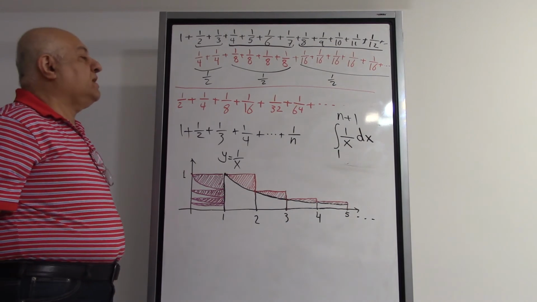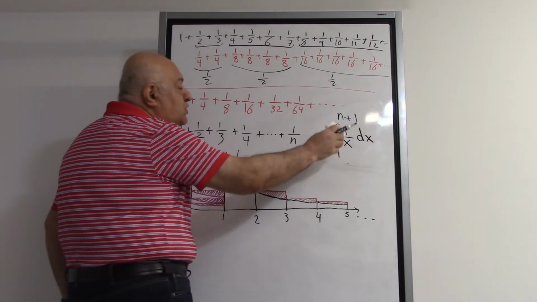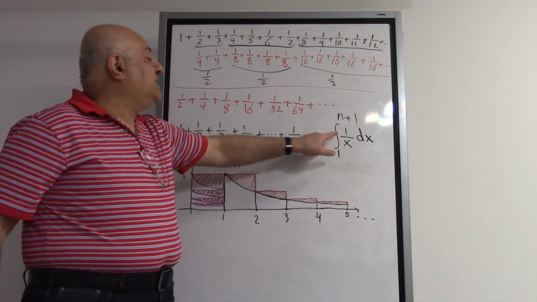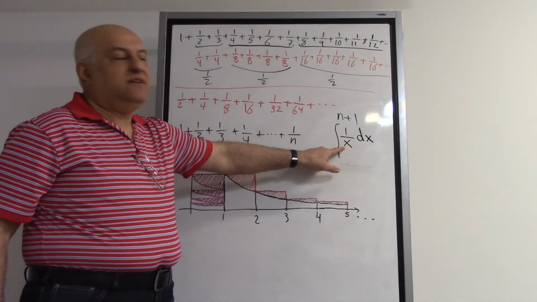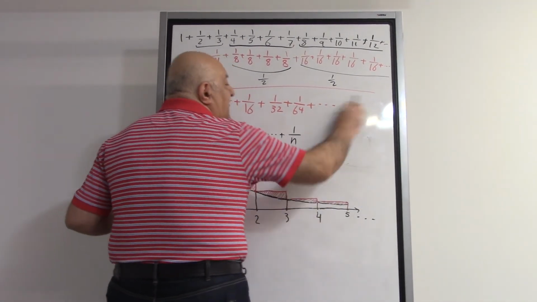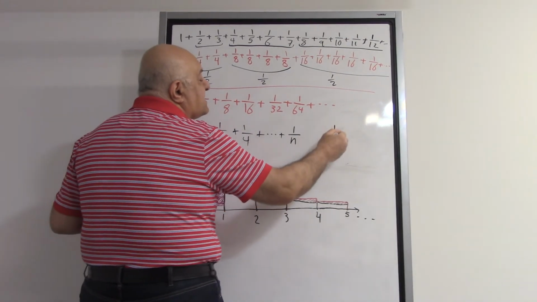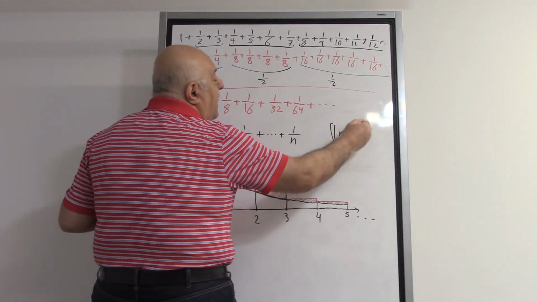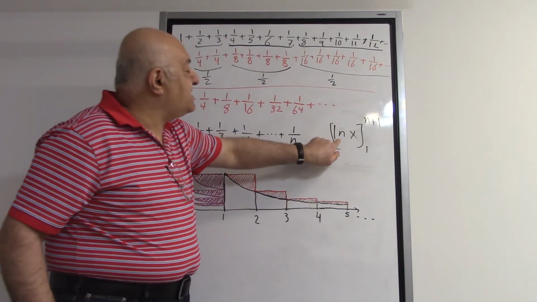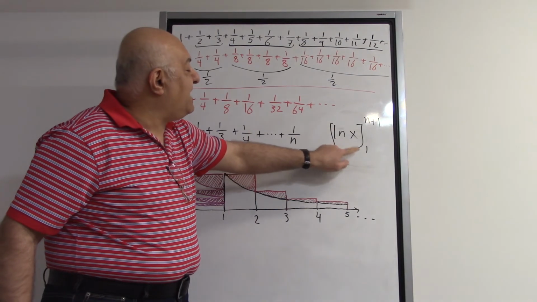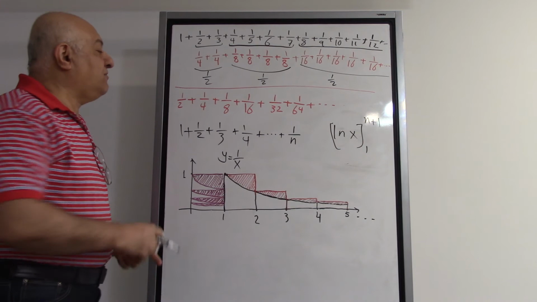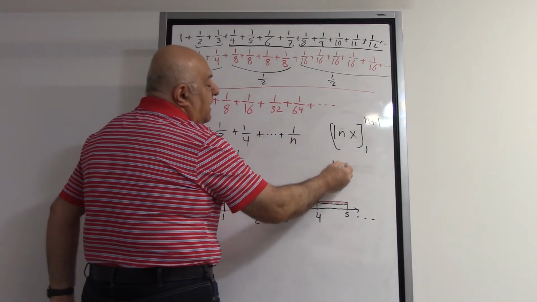Now, those who passed Calc 1 know that this integral is ln of x, from 1 to n plus 1. If you put in n plus 1, this is ln of n plus 1 minus ln of 1, which is 0. So this becomes ln of n plus 1.